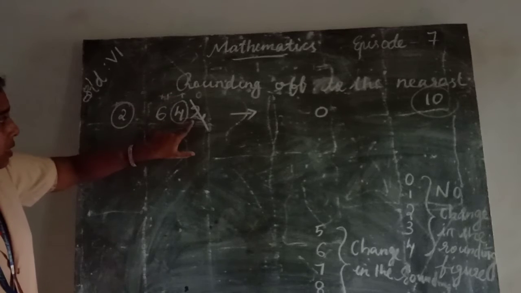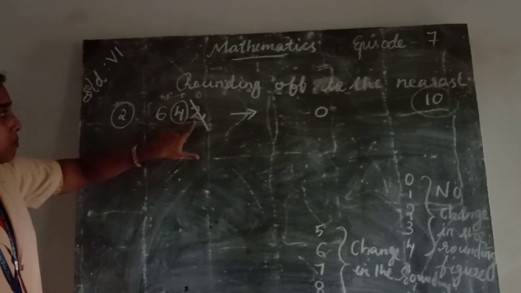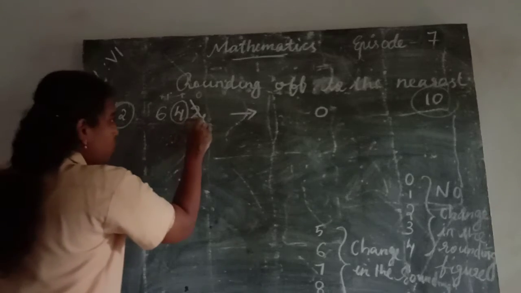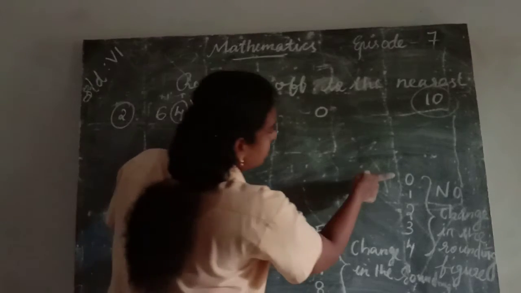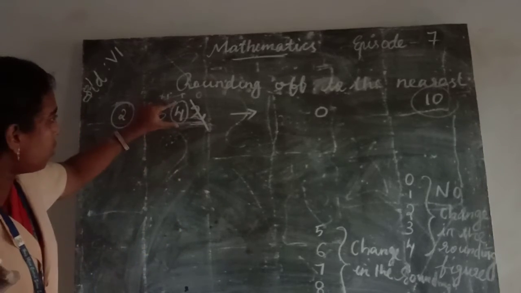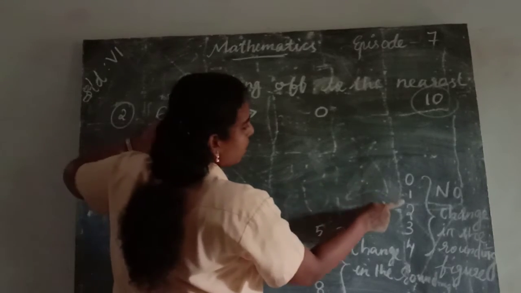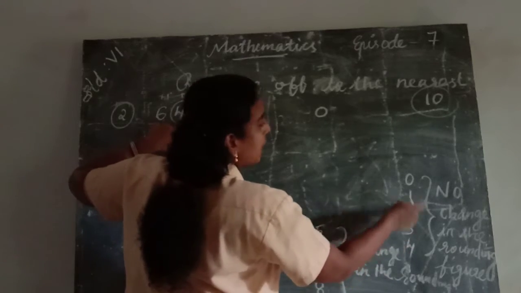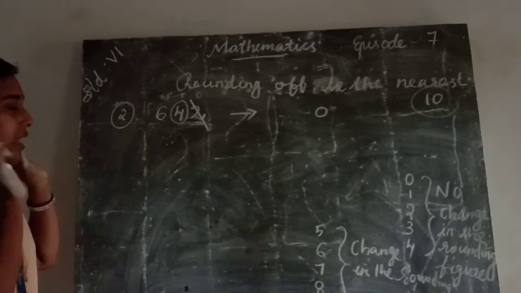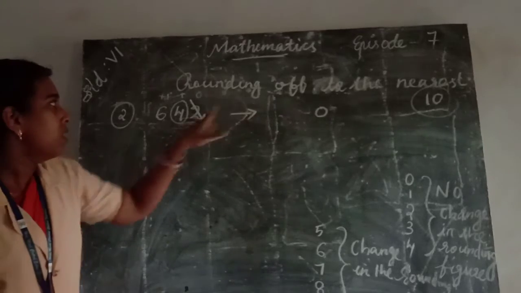Here it is 2. When the digit that comes just before the rounding digit is 0, 1, 2, 3 or 4, there is no change in the rounding number. We write the same number here, so here is 2.